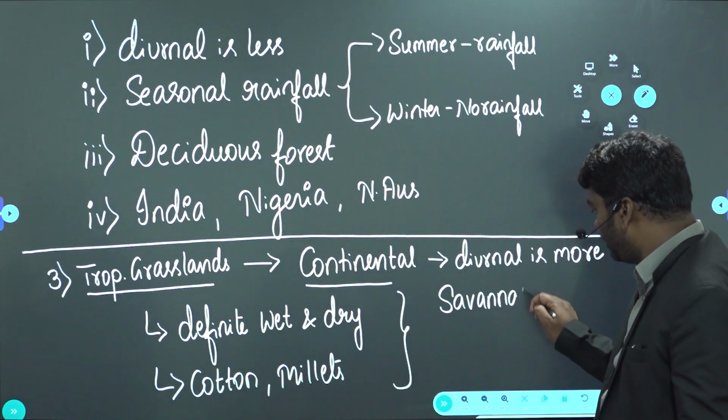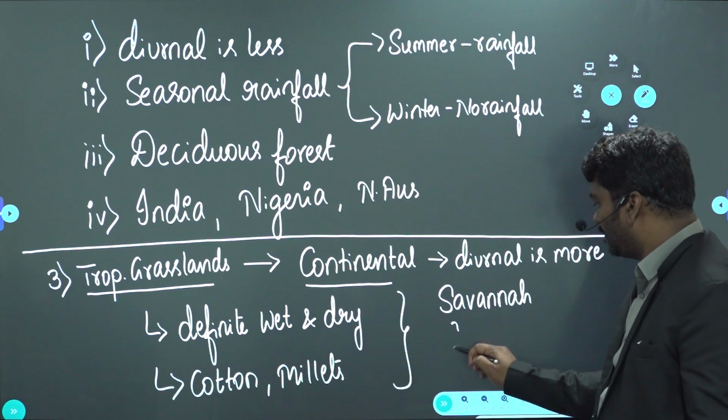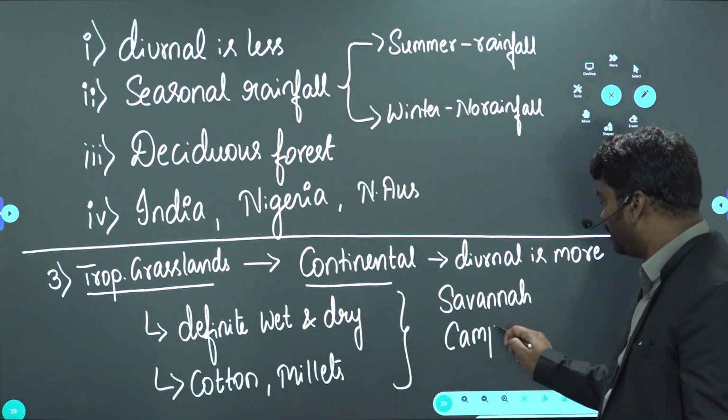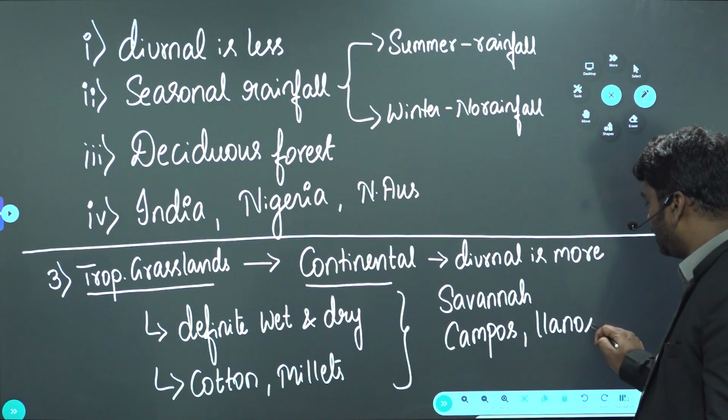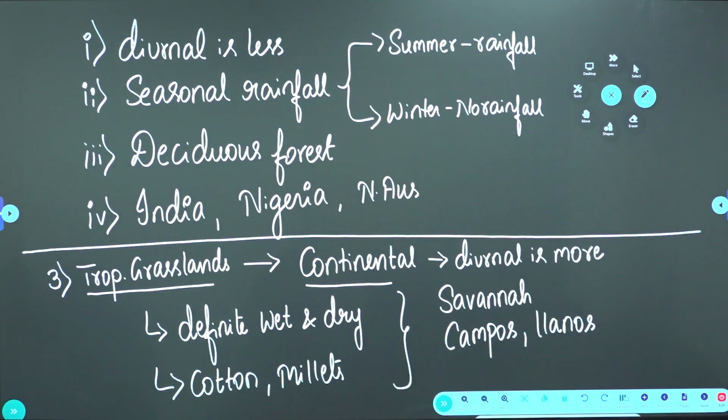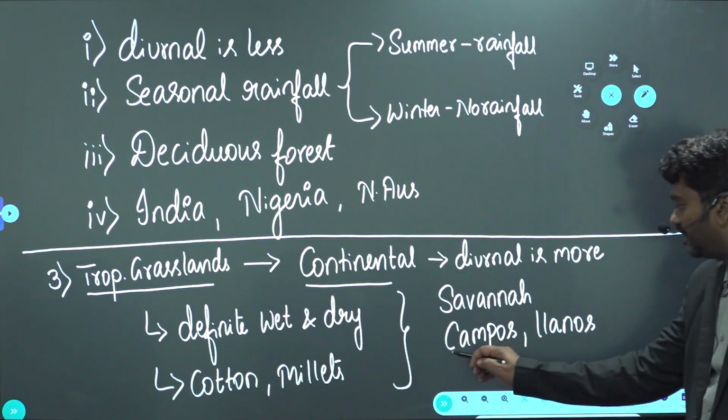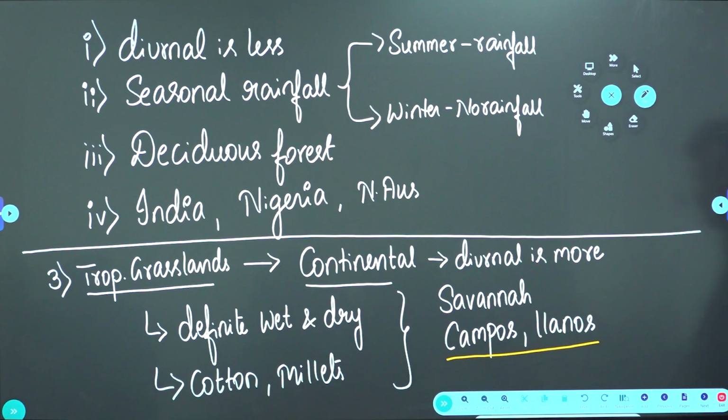Another name for it, savanna, Campos, Llanos. Campos and Llanos are in South America. Savanna is in Africa. In India, savanna is in Telangana region, right? Gujarat and some parts of Bundelkhand.